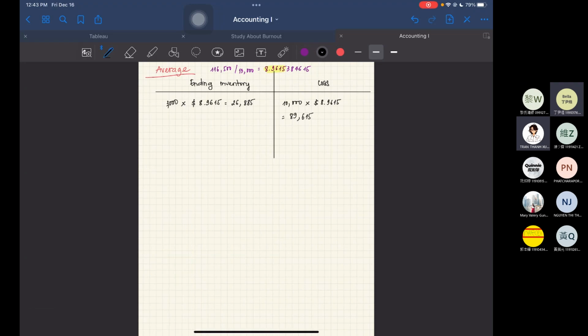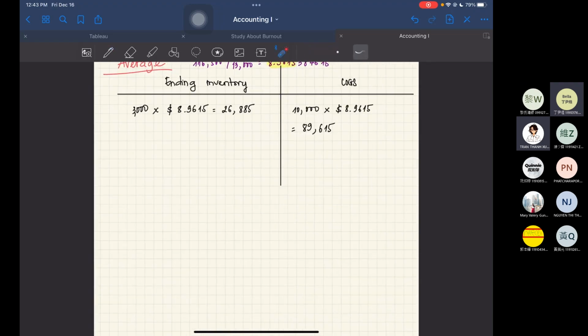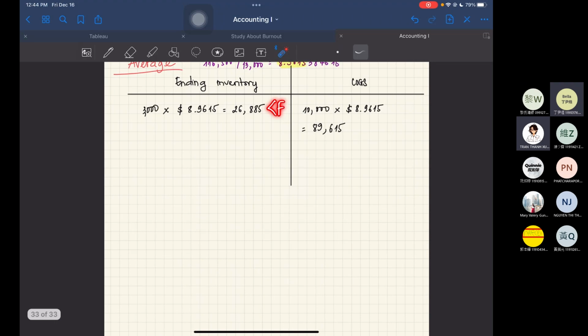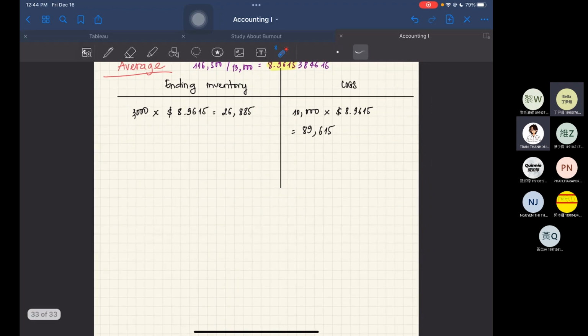And the thing about the average method, you see that the ending inventory of the average method is often lower than FIFO. However, the cost of goods sold of average is higher than FIFO.